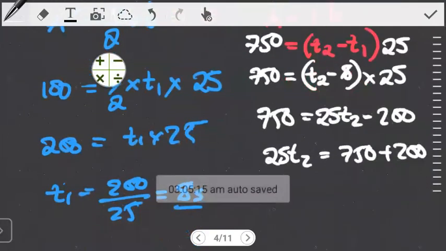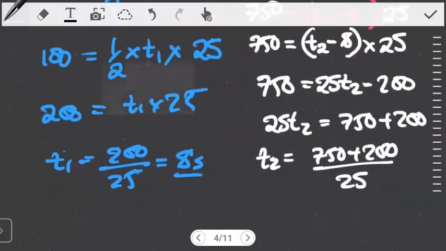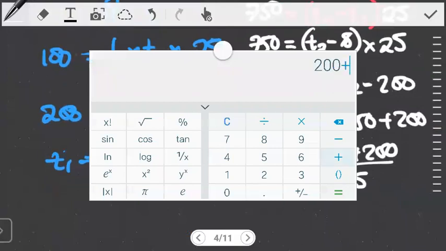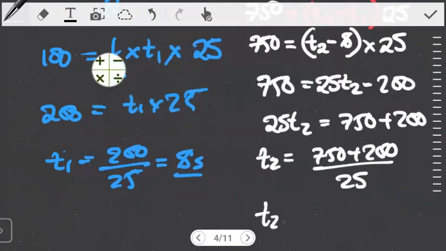So now we have T2 equal to 750 plus 200 over 25. So if we do that, we have 200 plus 750 divided by 25. We get 38. So this comes out as T2 is equal to 38 seconds.